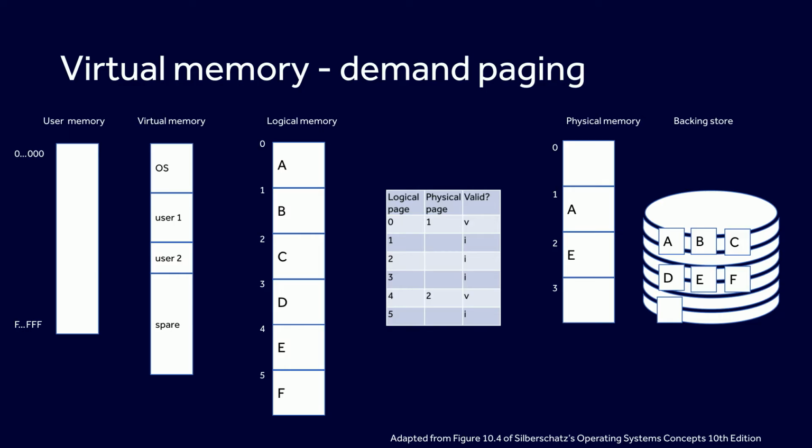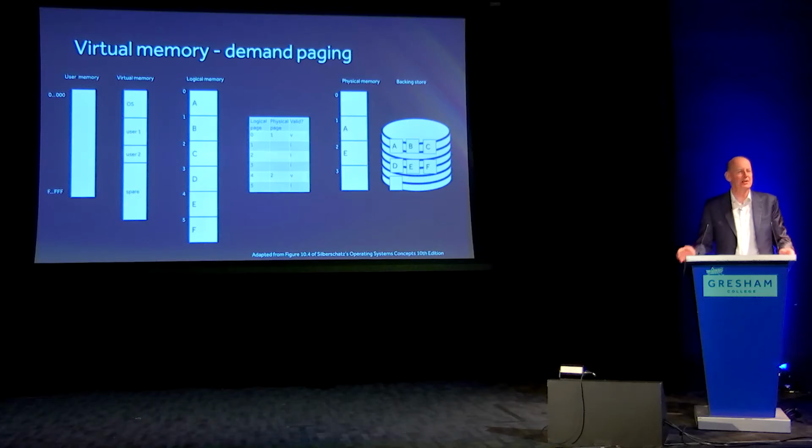So if we're going to allow users to think that they have exclusive access to the computer, it's an illusion that we're going to create with our operating system, then we presumably have to give them a programmer's model of memory. We've already acknowledged that parts of the memory are going to have the operating system in, and parts of them are going to have bits of other users' code and so on.